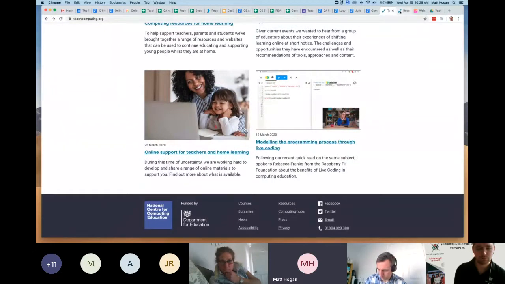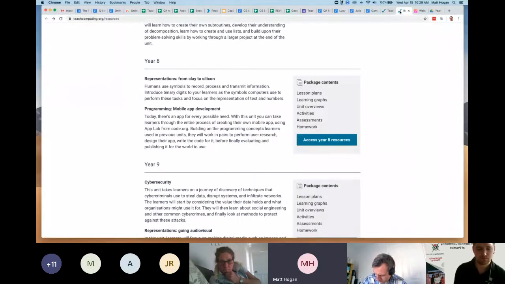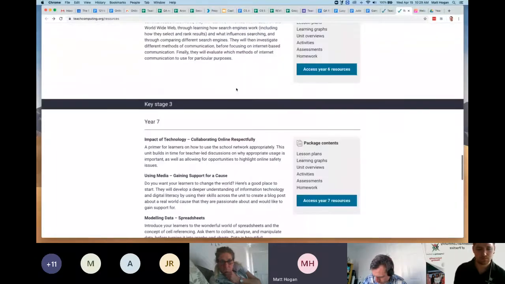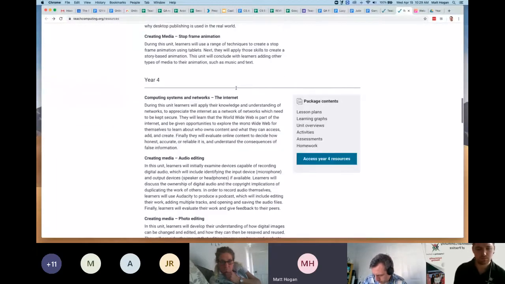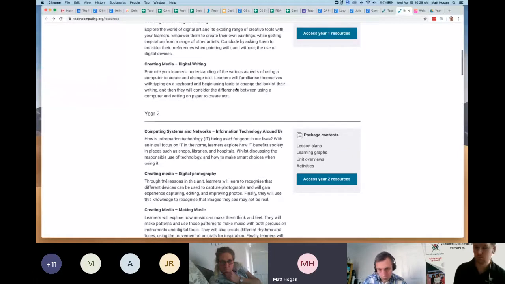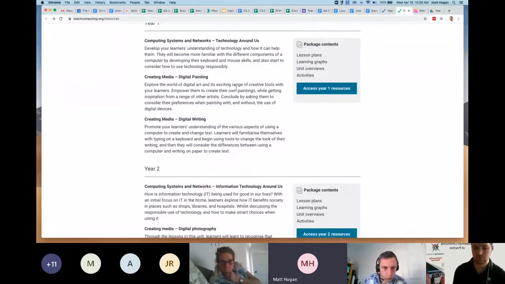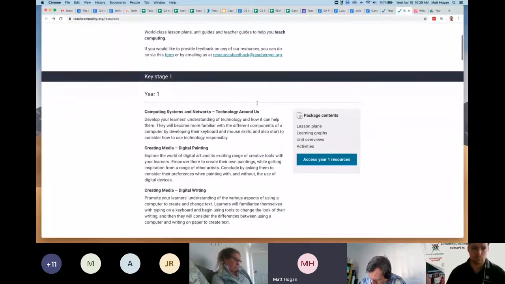I think a lot of this meeting has been talking about resources and what is out there, and sometimes I used to feel that there are too many resources out there. But part of the NCCE bid was to provide resources to cover the entire national curriculum for computing. So this is what we call our resource repository.